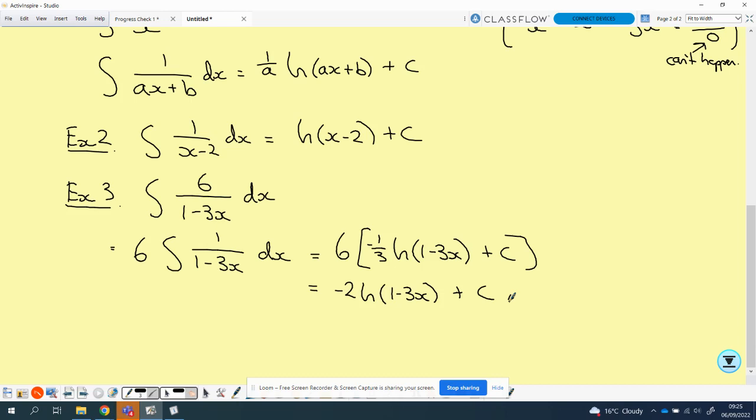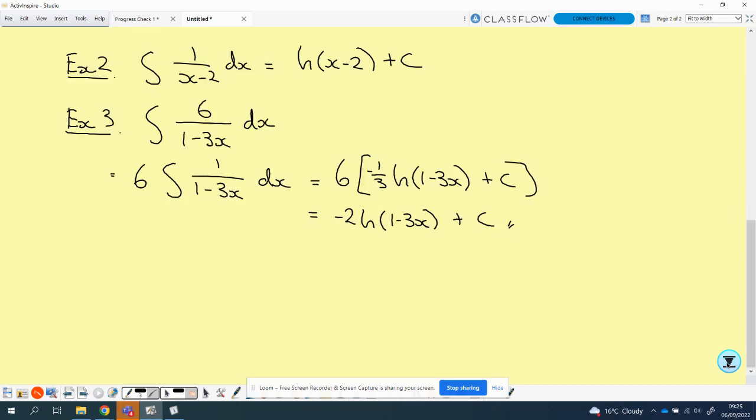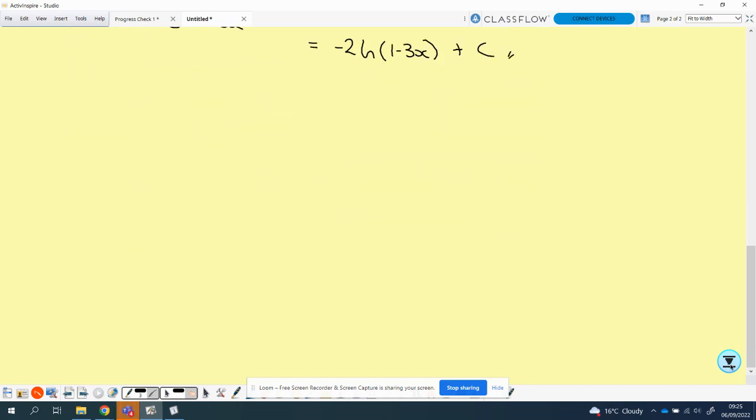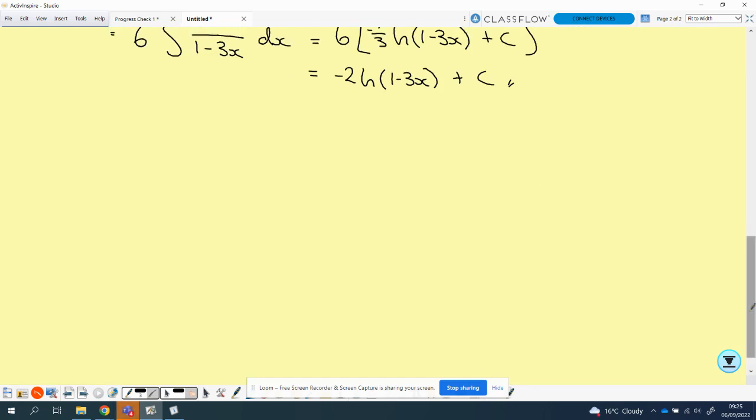Right, I'm going to show you another example, but in order to do that, let's recap some rules that you have used a little bit already by doing logarithmic differentiation and using log rules this year so far. But some key rules using logs. So we know log of a times b is the same as log a plus log b.